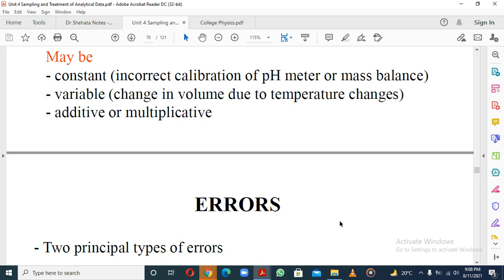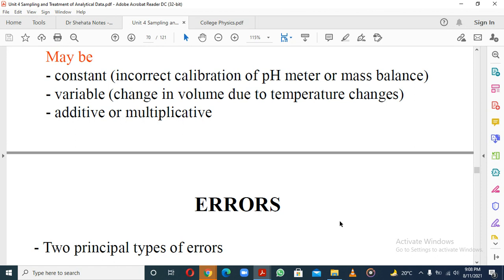Then sometimes these errors may be additive or multiplicative. Let's say you are getting a value, then you multiply it by a number, meaning that value is multiplicative. It's getting bigger and bigger, and that error is getting bigger and bigger.